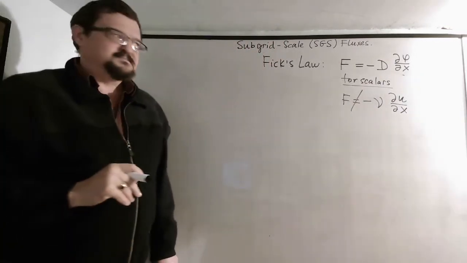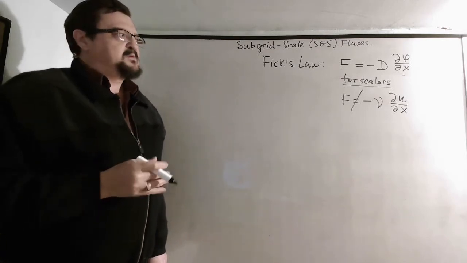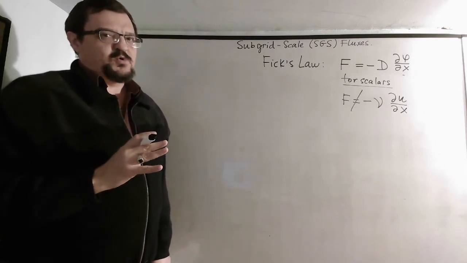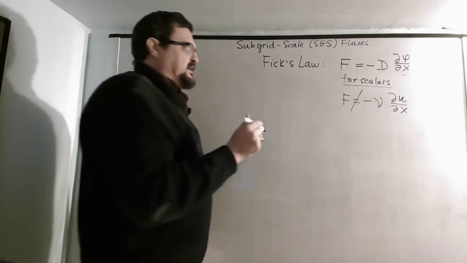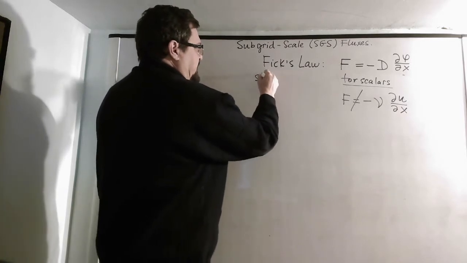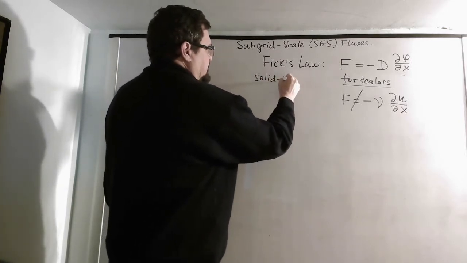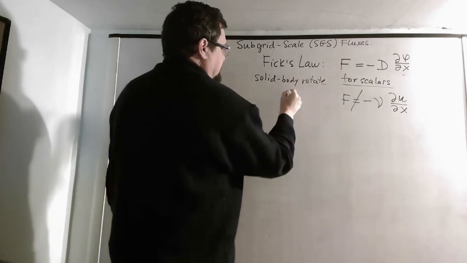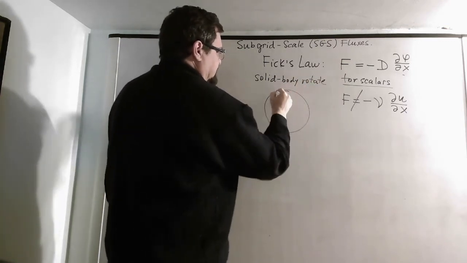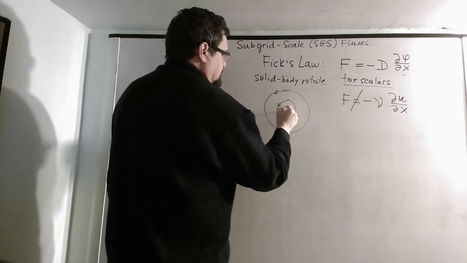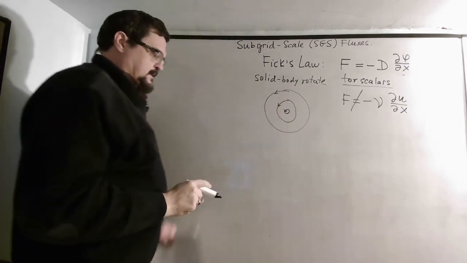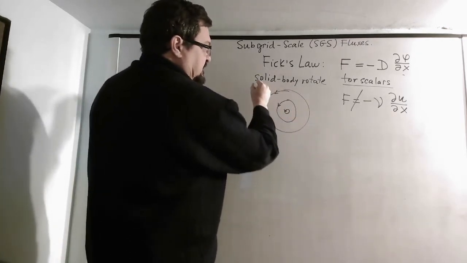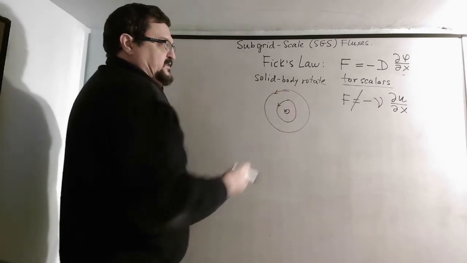Velocity is special. Why is velocity special? Because there is a case where this formula obviously does not work. For example, if you have solid body rotation, so your fluid, let's say, is rotating as a cylinder with constant angular velocity everywhere.